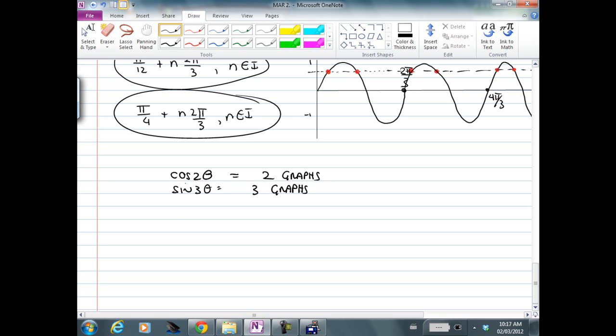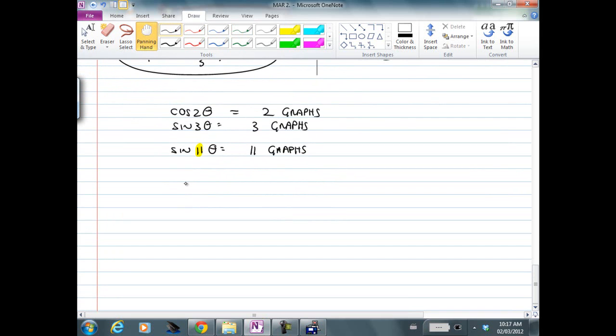What if I give you sine 11 theta? 11 graphs. See, this is all based on understanding and how pattern recognition works. There should be 11 graphs altogether, because this b value represents how many graphs you can have. Guys, gals, I want you to solve this and see how many you can figure out.